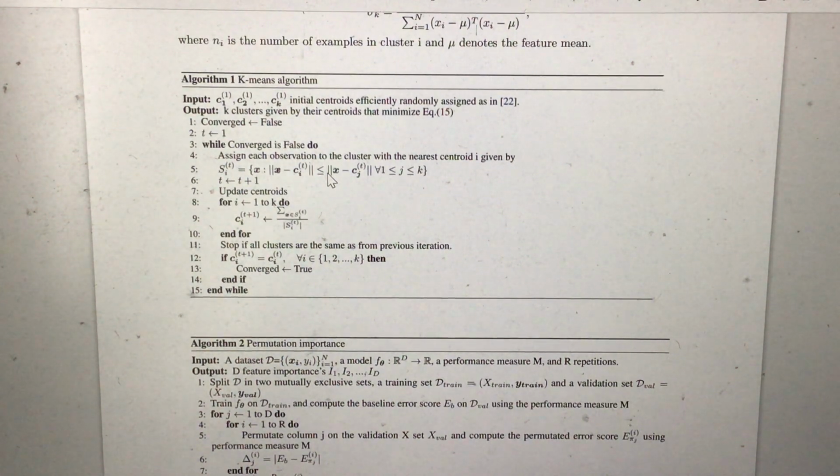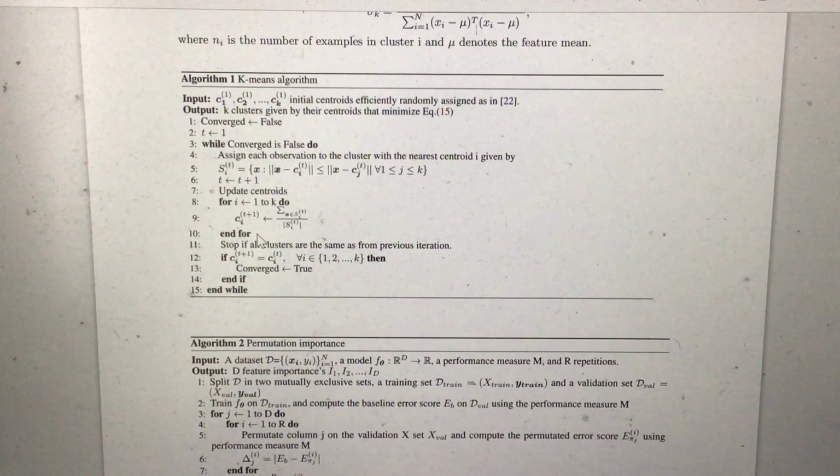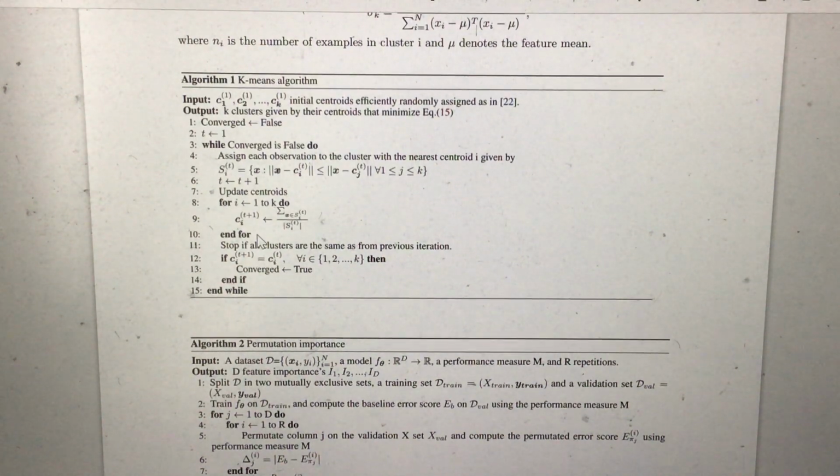After we get each cluster S_1 to S_k, we set t to t plus 1 and compute the new centroids c_i at t plus 1.